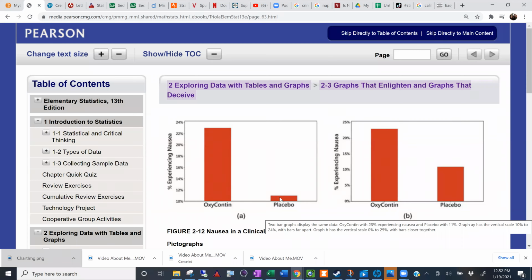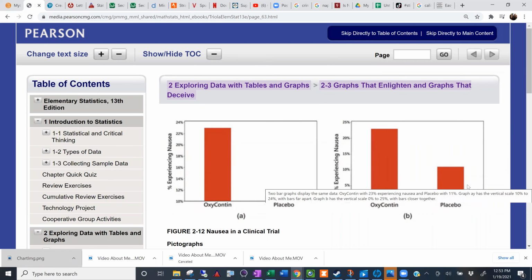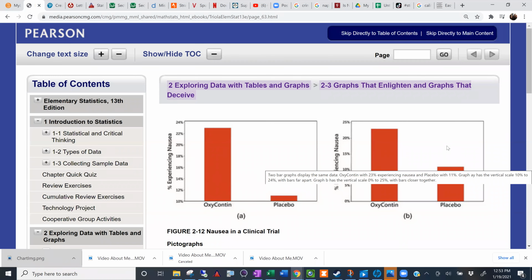But what's misleading about this? The space between the percentages on the vertical axis? Yeah, it's misleading because it doesn't start at 0. It starts at 10%. If you took that same data and started at 0, all of a sudden, it's still a big difference.